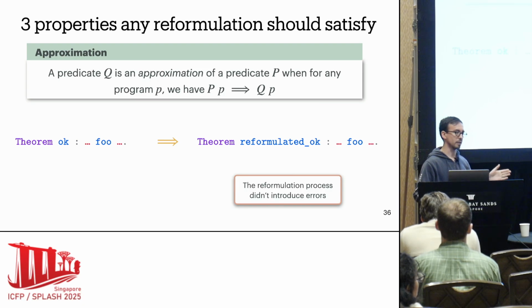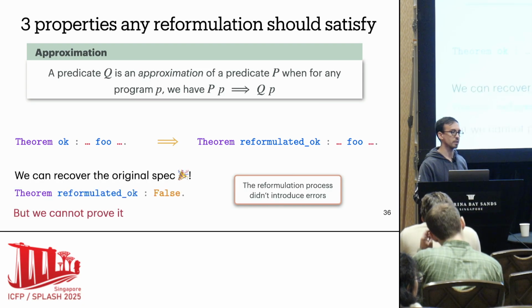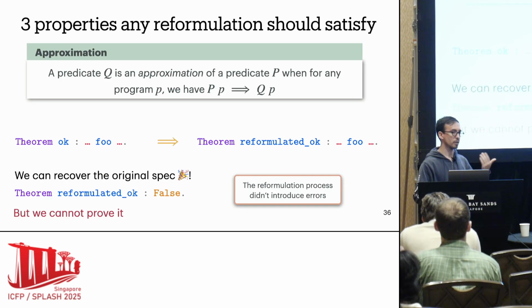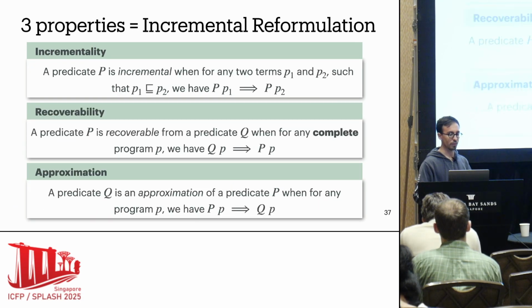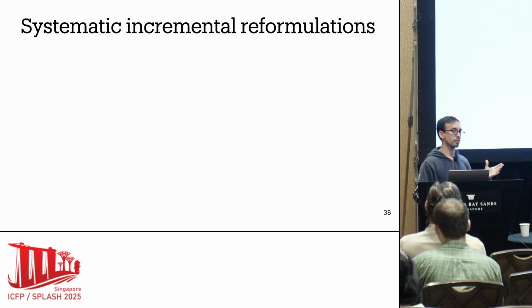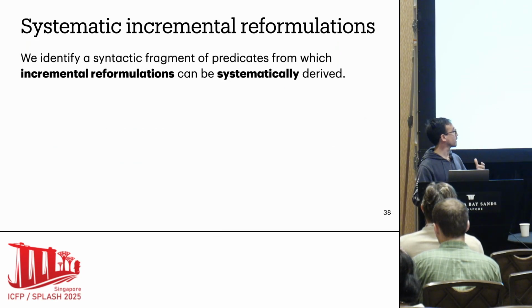And again, as a silly example, we could have the false predicate, which allows us to recover the original one, but of course we cannot do anything with it. We cannot prove it. So if a property satisfies these three properties, then we call it an incremental reformulation. What we noticed is that there's a fragment of predicates for which an incremental reformulation can be systematically derived.